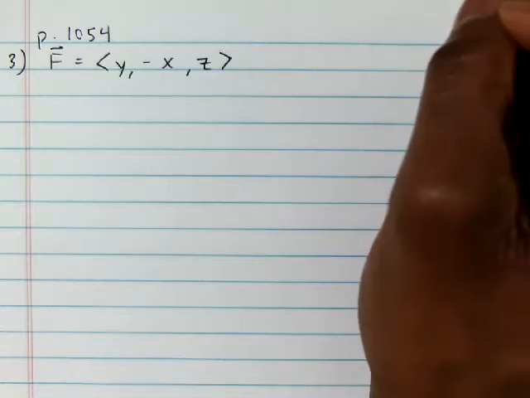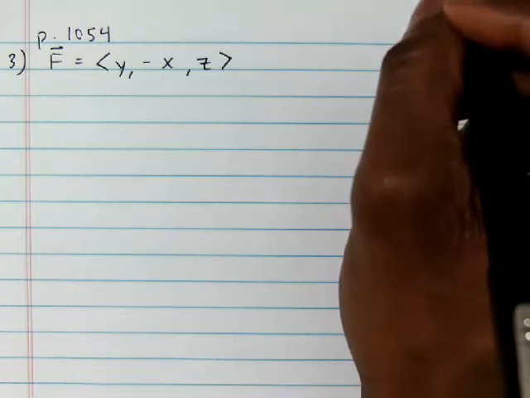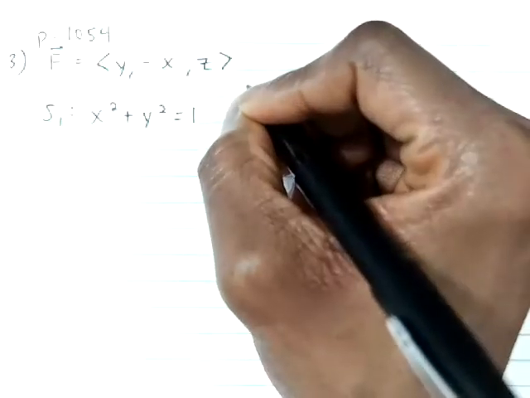All right, so what I'll do is I'll write down what the surfaces are, but then from there I'll sketch just so we have a good idea of what's happening here. So we have two surfaces here. We have S1, and that is the cylinder x squared plus y squared equals 1, and z is between 0 and 1.